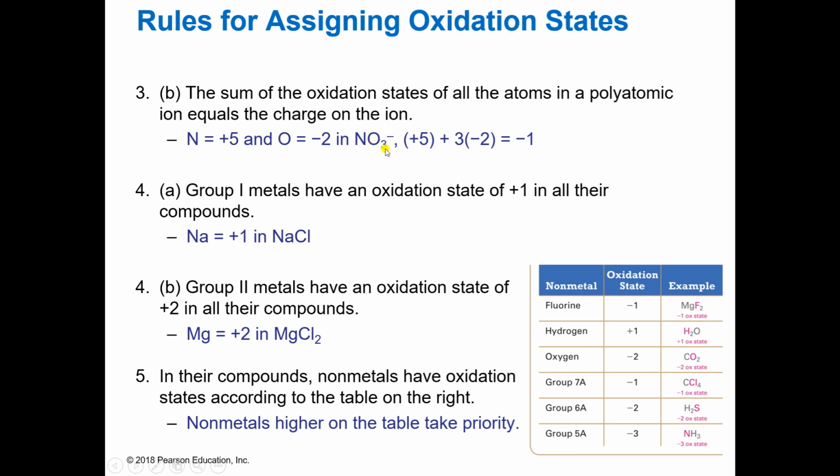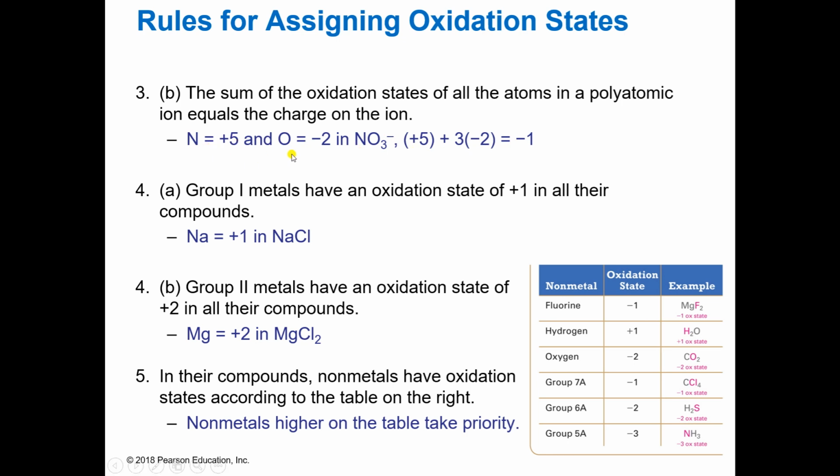We know there are 3 of them, and that added to whatever nitrogen is, they must add up to equal -1, which is the overall charge on nitrate. So the 3 times 2- must add up to something that equals -1. In this case, the only choice is +5. So the oxidation number for nitrogen is +5.